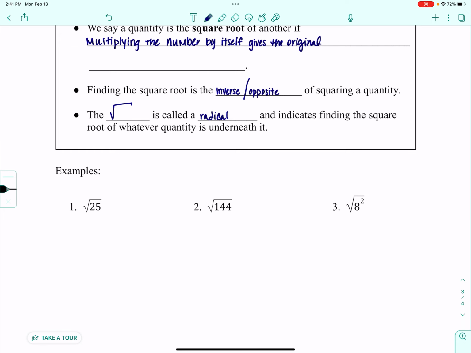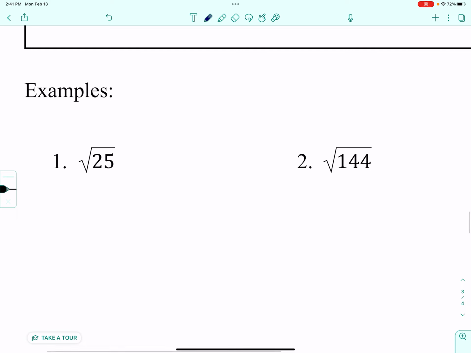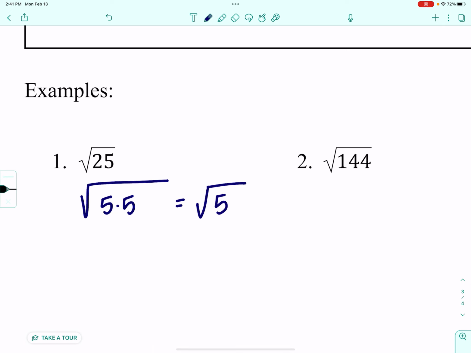So what I want to do is try to factor whatever is under the square root and see if I can make it a perfect square. Well, I know that 25 is 5 times 5. That's the same thing as the square root of 5 squared.